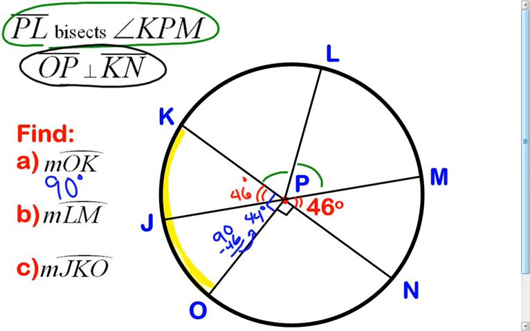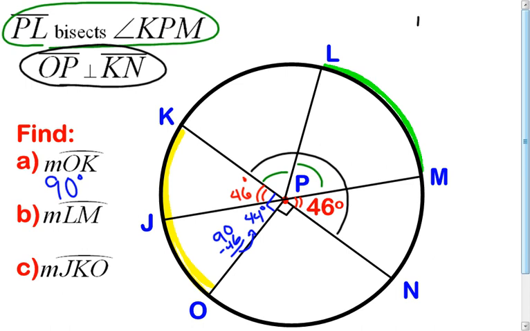Now the next one I have is arc LM, which is going to be this arc. Now I'm going to need to calculate the measure of angle LPM so that I can figure out the measure of arc LM. When I look at this one, I know these three angles together are going to have to add up to 180 degrees.